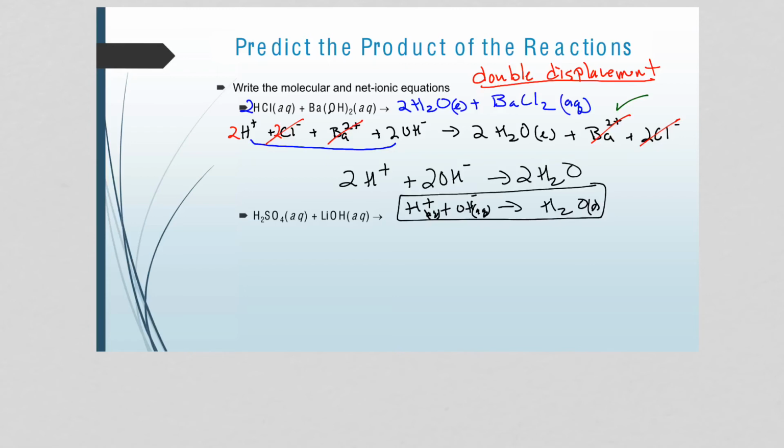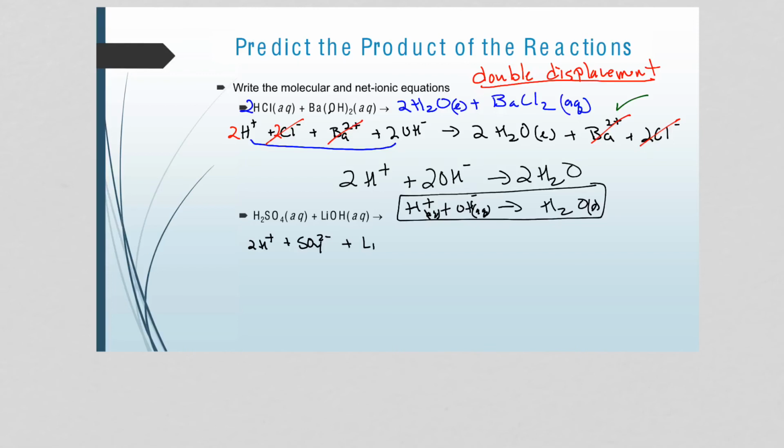So H2SO4 plus lithium hydroxide. Again, we're going to do the same thing. We're going to break this down. We have 2H plus ions plus SO4 2 minus ions.